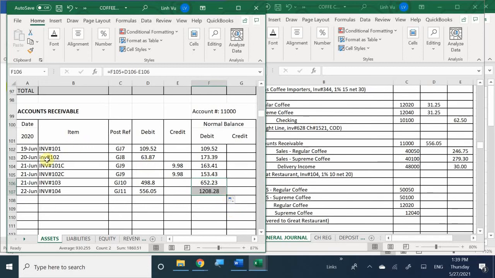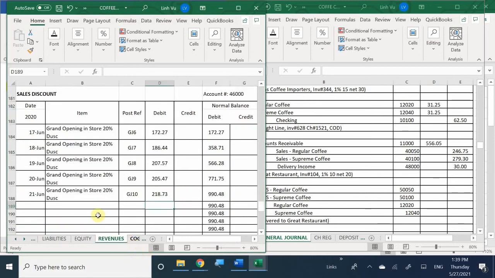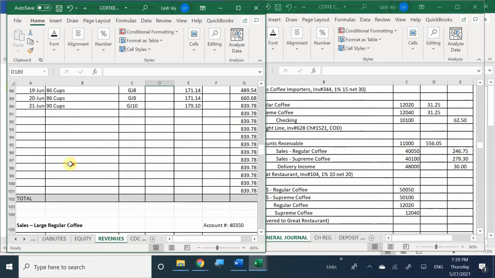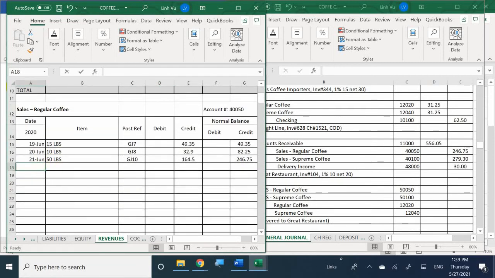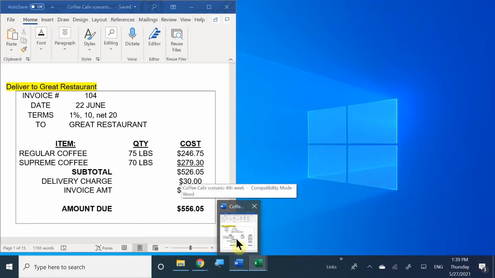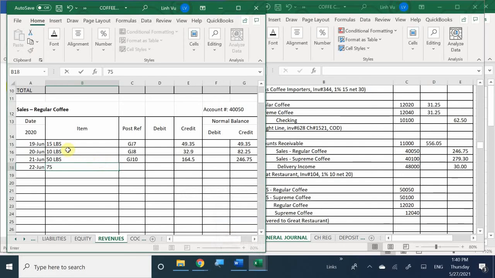And then regular coffee. Sales to the regular coffee. Okay. 22nd of June. Invoice 104. 75 pounds.